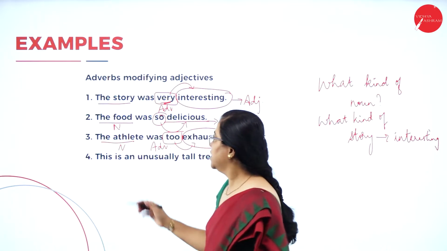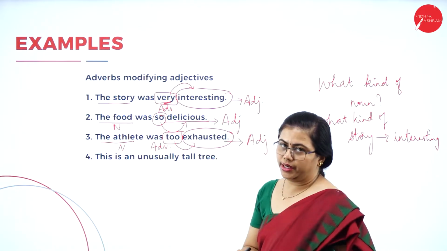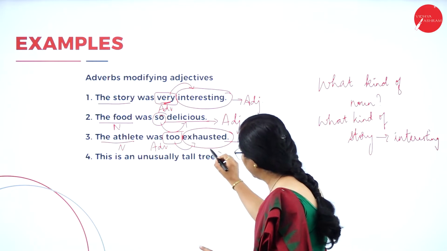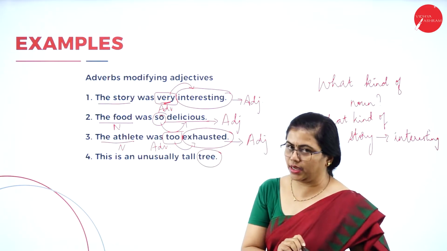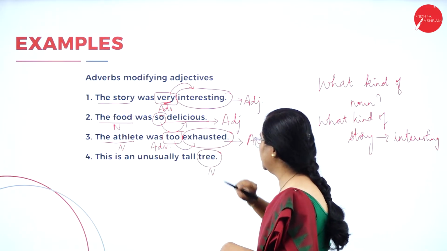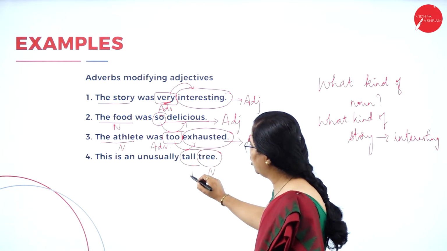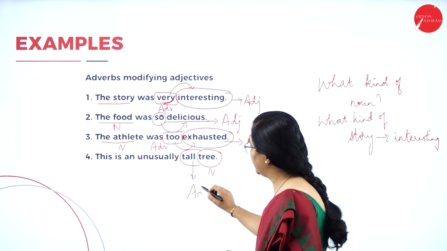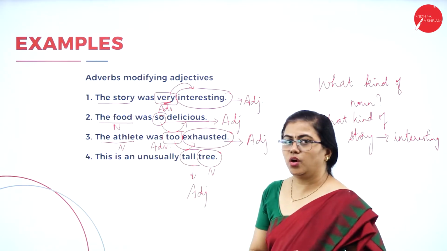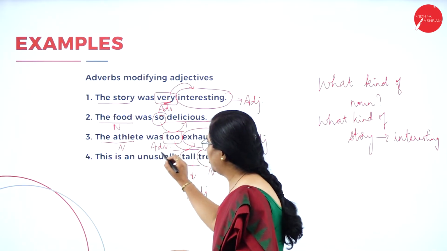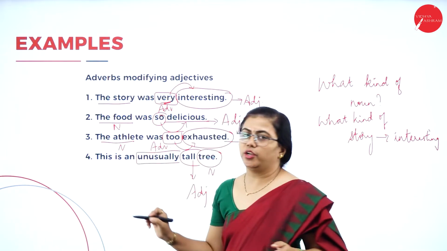Now, let us go further. This is an unusually tall tree. So here, we are describing the tree. Tree is the noun in this sentence. What kind of tree is it? It is a tall tree. So this is an adjective in the sentence. What kind of tall tree is it? It is an unusually tall tree.